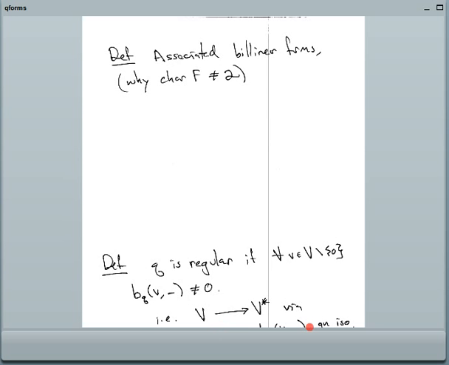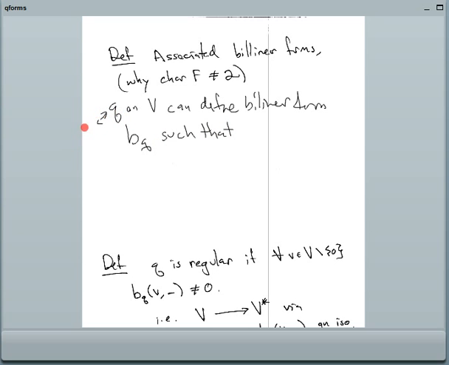So, as we were just discussing, bilinear forms. If you have some quadratic form Q on some vector space V, then you can define a bilinear form, usually called B sub Q, such that... A quadratic form, you should think of it as kind of like a norm squared.